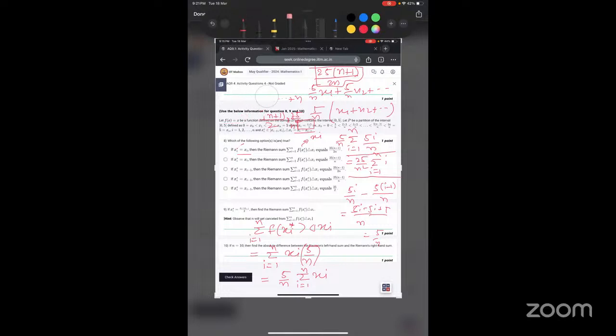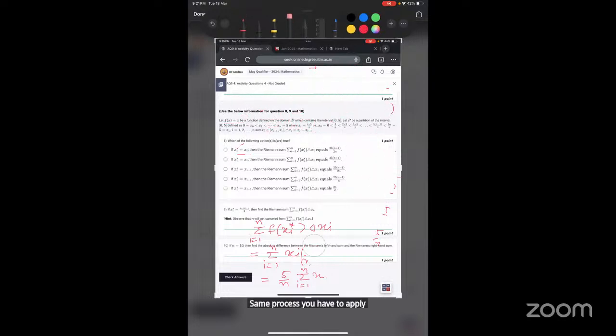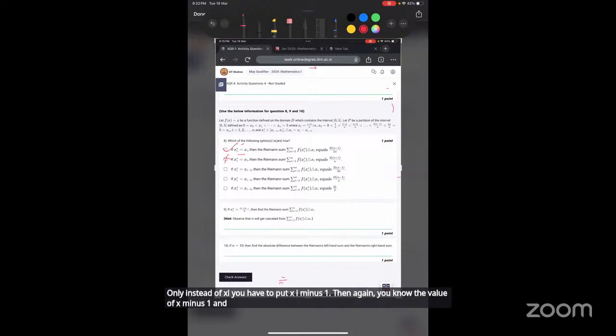Same process you have to apply. Only instead of xi, you have to put xi minus 1. Then again, you know the value of xi minus 1 and then you have to calculate it. That's it.